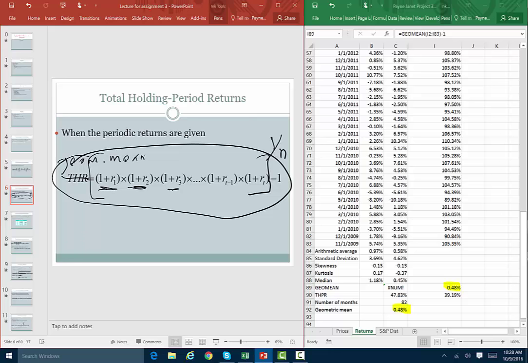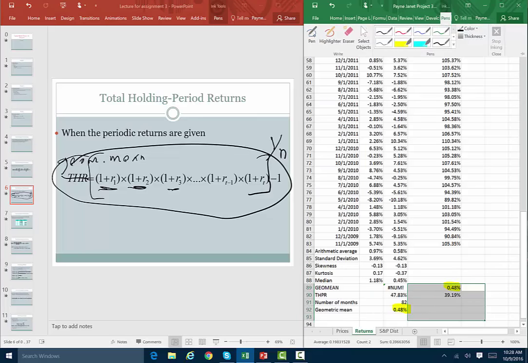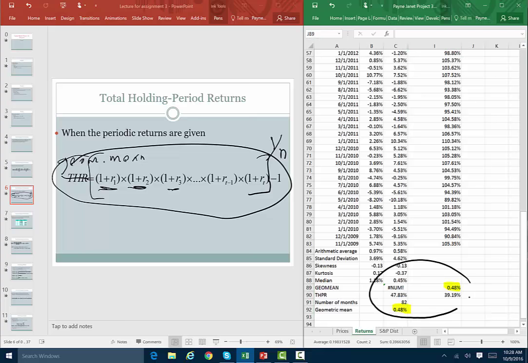So you can see how all of these things relate, and they're pretty much telling you the same thing, except for this one. That one's kind of like an arithmetic average, but not really.